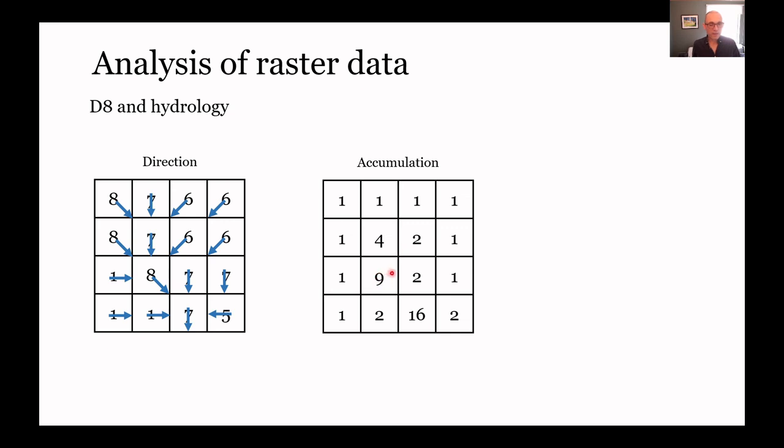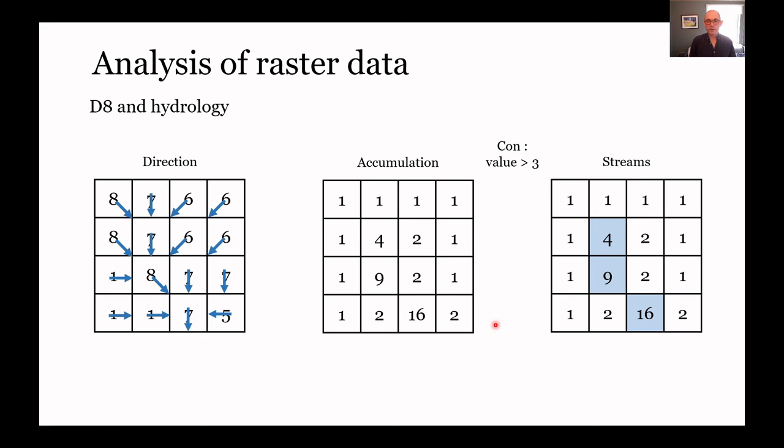So we end up with 9, summing up all the contributions from those cells around it that are sending their water to it. And then that sends its water on to there, which is also receiving water from there, and from there, and from there. So we get a total of 16 at this point, which is good. That sums up to 16 because we have 16 cells. That means our calculation is correct.